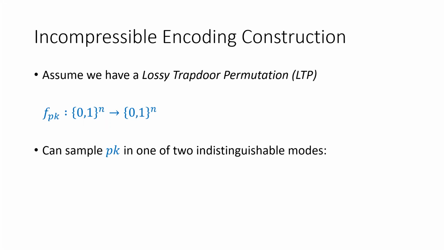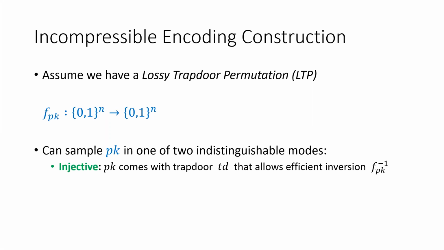The range is the same as the domain. So we can sample the public key in one of two indistinguishable modes. In injective mode, the function fpk is actually injective. It's a permutation over {0,1}^n. And you can choose the public key along with a trapdoor that allows you to invert the permutation efficiently.